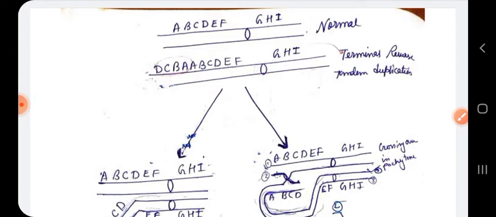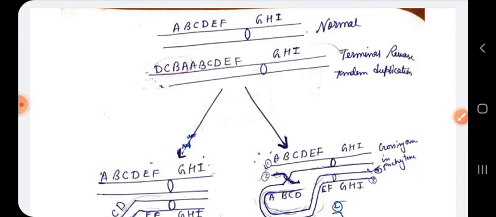Being pulled in opposite directions, this causes breakage between the two sister chromatids, and they will break apart from each other, but not necessarily at the site where they fused.